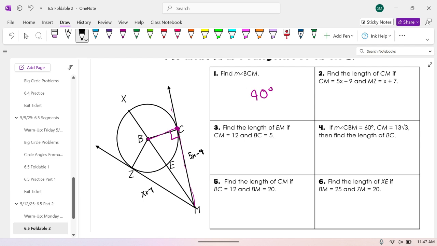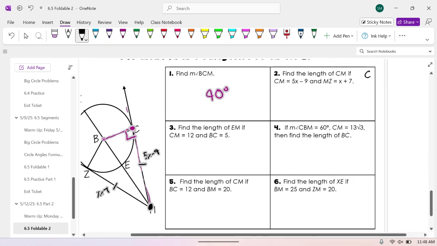Why? Where do they both meet? Right, they meet at point M. So they both meet at point M, which is the same exterior point, meaning they're congruent to each other.